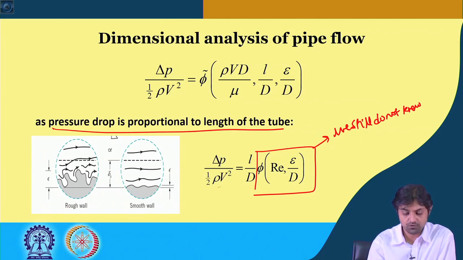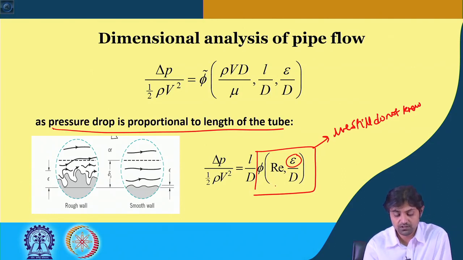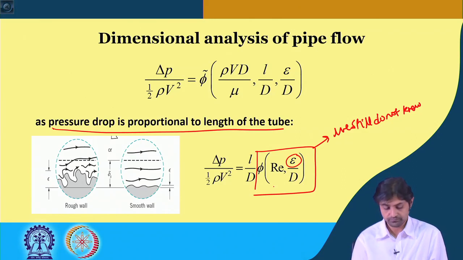But other things we know, half rho V square, L by D, Reynolds number also we know. We do not know how to find epsilon, and we also don't know how this function is dependent upon Reynolds number and epsilon by D. But that we will get to know in the upcoming slides.